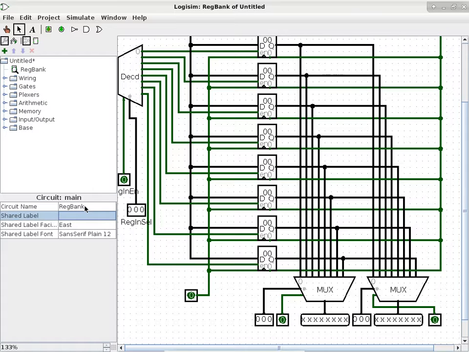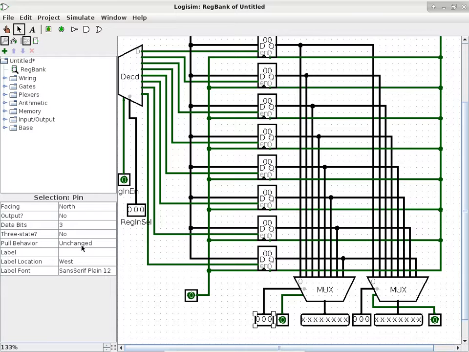Okay, like so. And I forgot to label all of these, so we'll call this pin, having the label location to the south, register out 0 selection, SEL. We'll call this one register out 1 selection.